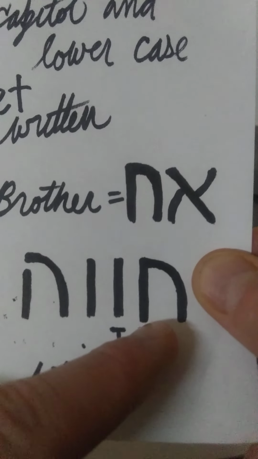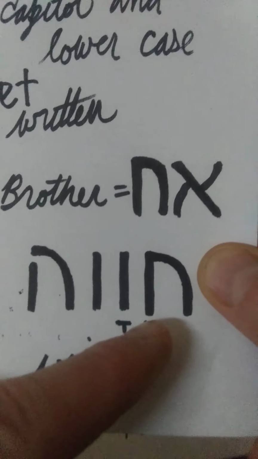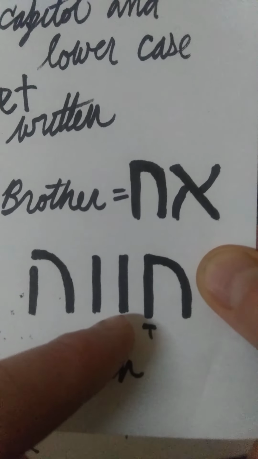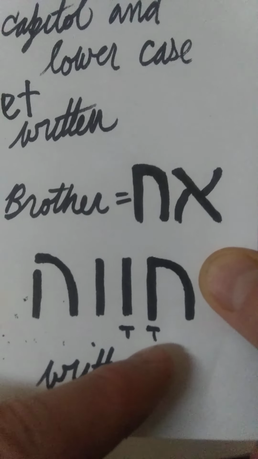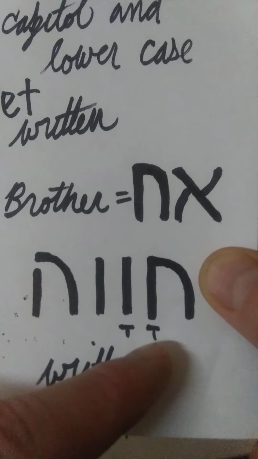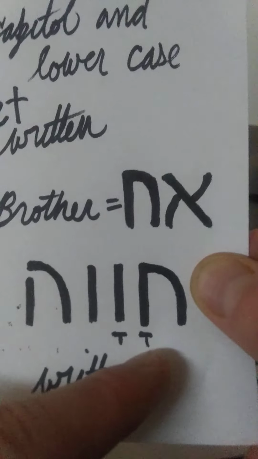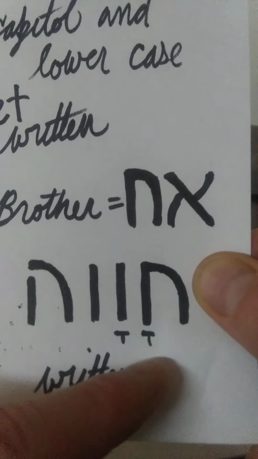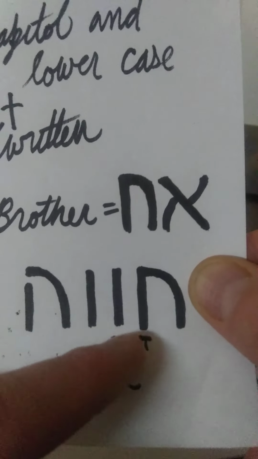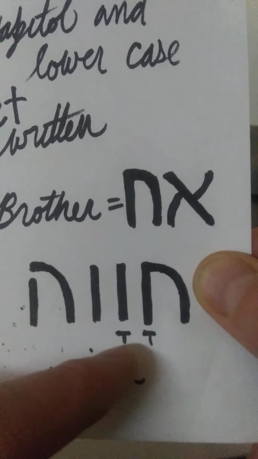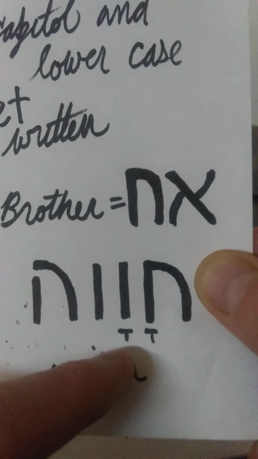So you go to het, he, v, ha. So the nikud down here at the bottom of het, he, he, and then there's another one, vav, with another nikud.